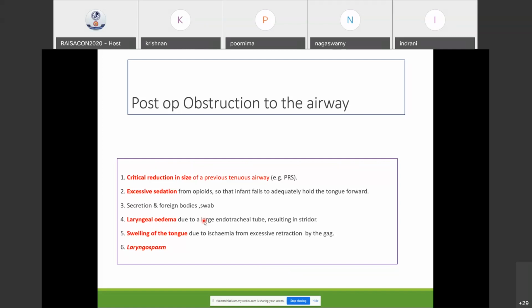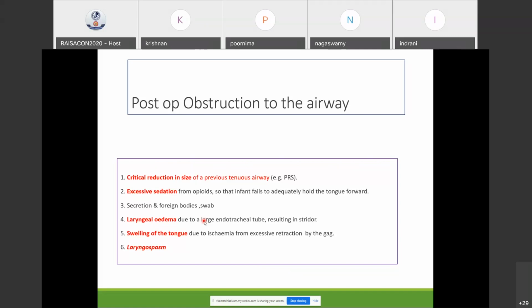The other three important post-op airway problems in a palate are laryngeal edema, swelling of the tongue, and laryngospasm. Swelling of the tongue, you can't do anything other than giving some steroids and waiting for the swelling to settle. How will you manage laryngeal edema and how will you manage laryngospasm?